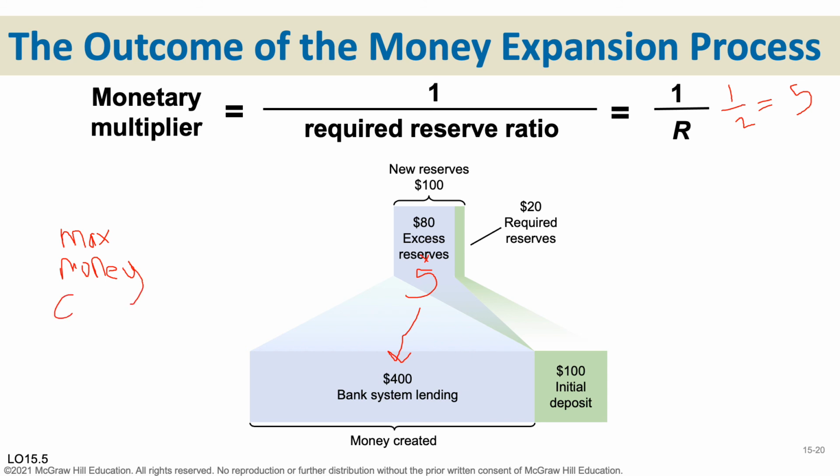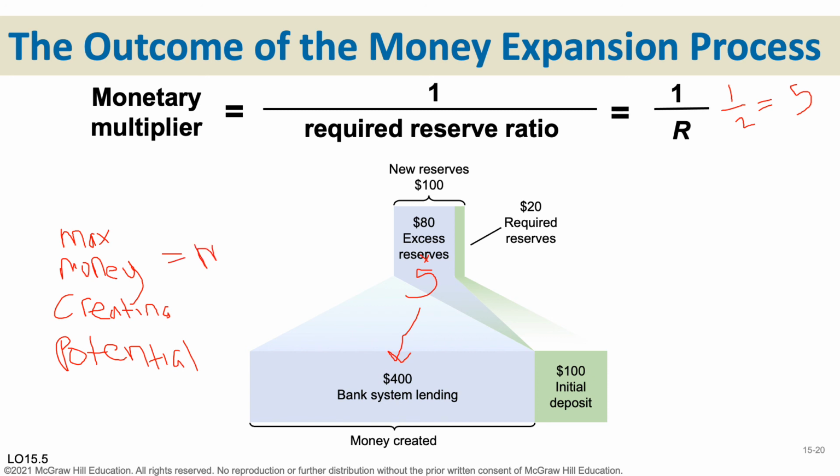Let's see, maximum amount of money created. I think I'll stop there. No, you'll wish I had said creating potential because that's how your problems are phrased. It's more fun when you abbreviate, but you get words you might not have meant to use. All right, maximum money creating potential.